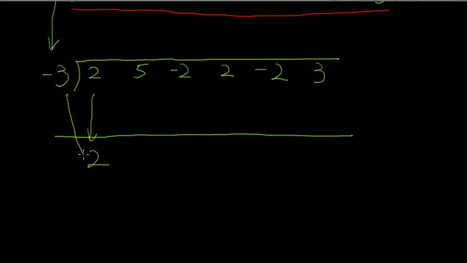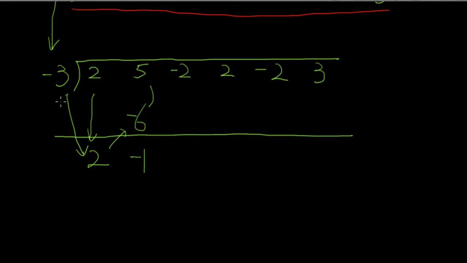This would be multiplied to here, put it right here. Negative 3 times 2 would be what? Negative 6. And what do we do with these two? We add and put it right below this. So 5 plus negative 6, negative 1.